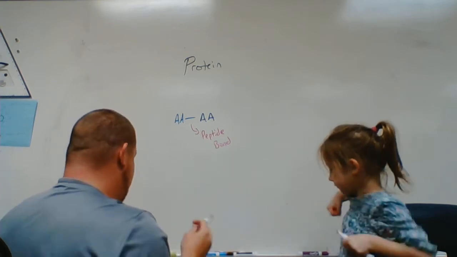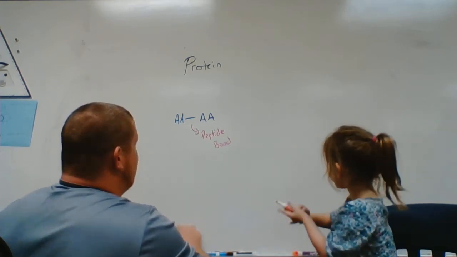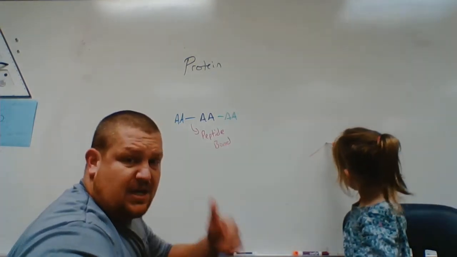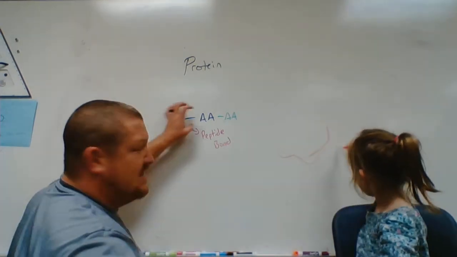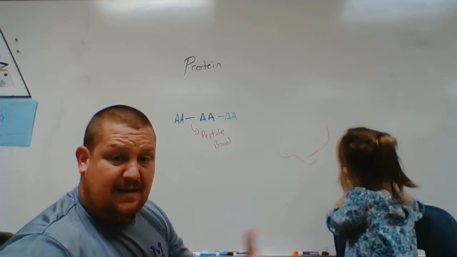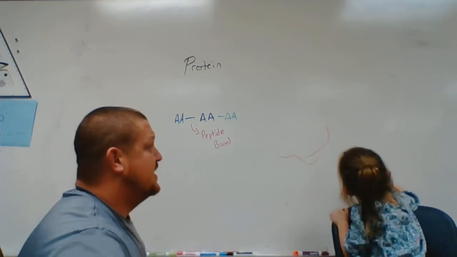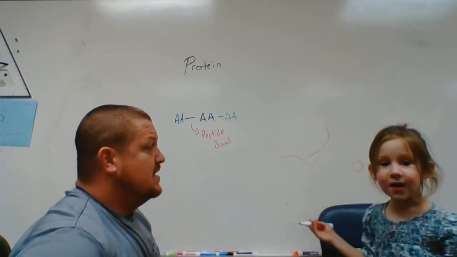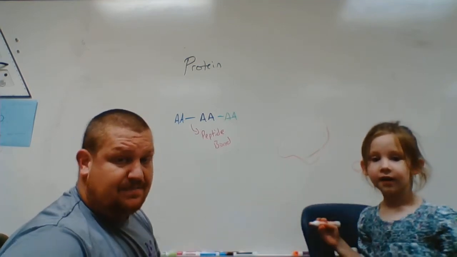Every time we join an amino acid, we get a peptide bond. And after we get a couple peptide bonds going, we turn amino acids into a peptide. A chain of amino acids is a peptide. Once that chain grows, we have a polypeptide.